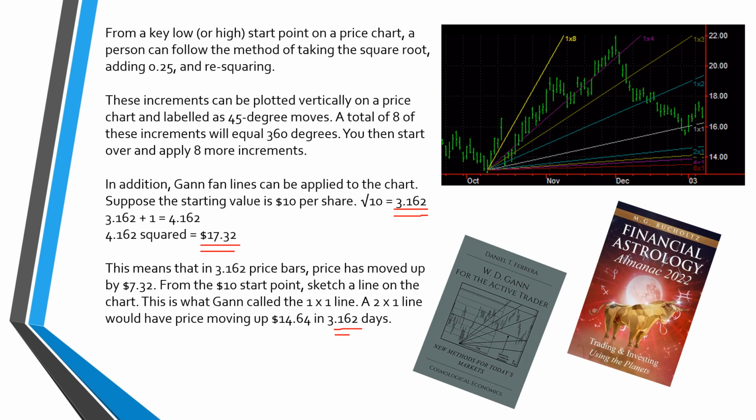Up until 2022, I always had a chapter in my Financial Astrology Almanac where I went through these same very examples. I don't have that chapter in the 2023 or 2024 version because it's not necessarily a predictive tool.